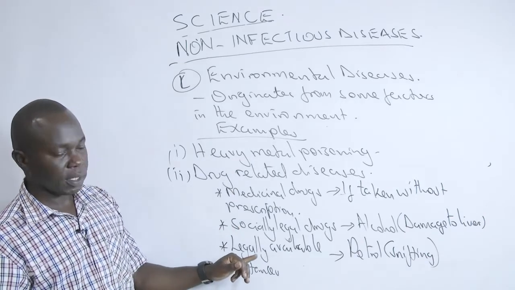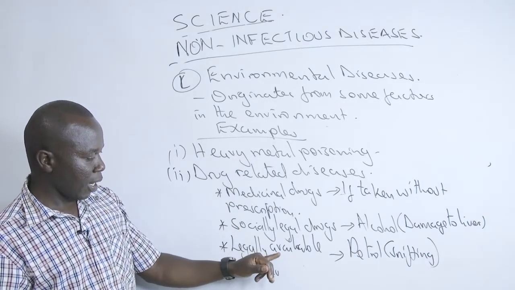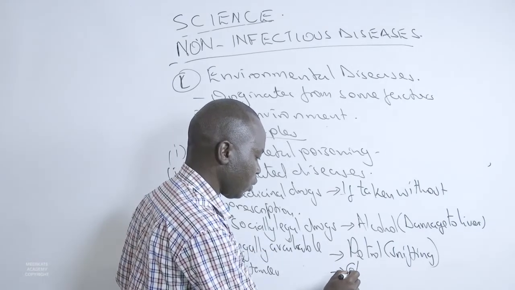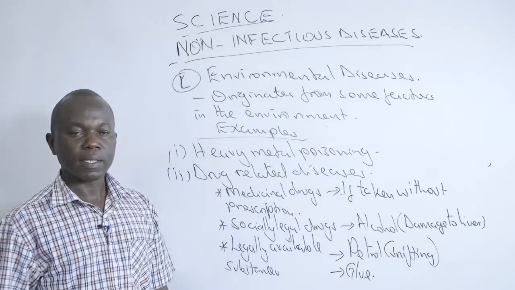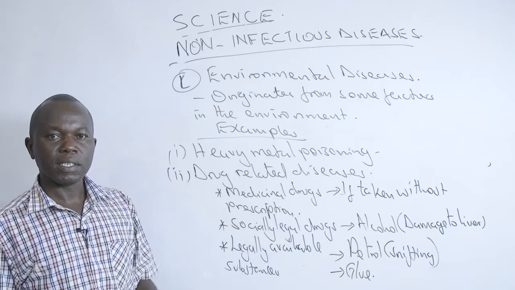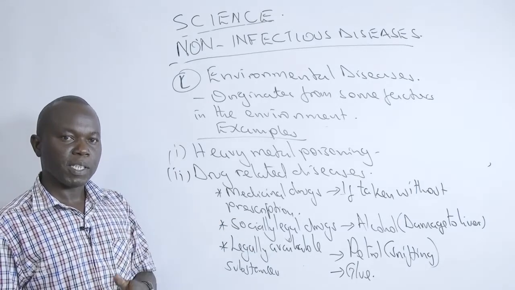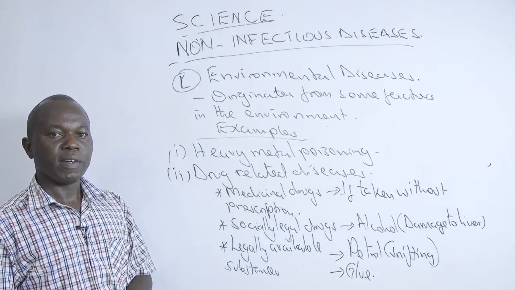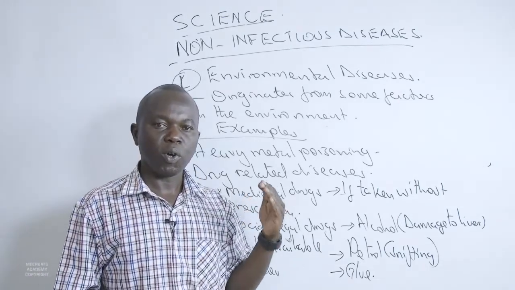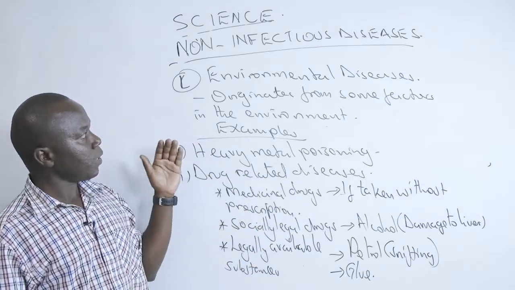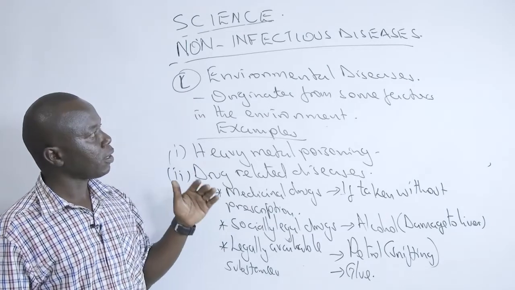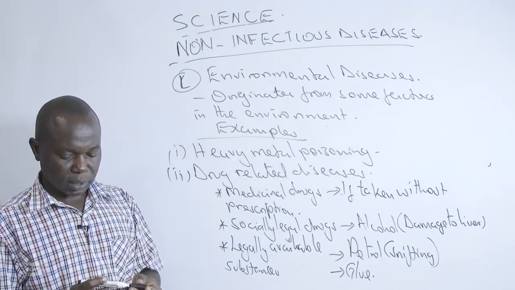It can be classified as a drug, but it's a legally available substance. Glue is also another example. So environmental diseases are just diseases that result from the management of the environment that we live in. So those are the major categories of non-infectious diseases: genetic, nutritional, and environmental diseases.